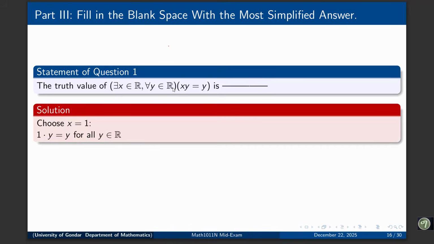So because of the existence of this one, that is x equal to 1, which is a multiplicative identity in the set of real numbers, because the product of any real number y by 1 is always the real number itself, which holds true for every element of R, the truth value for the given statement is true.